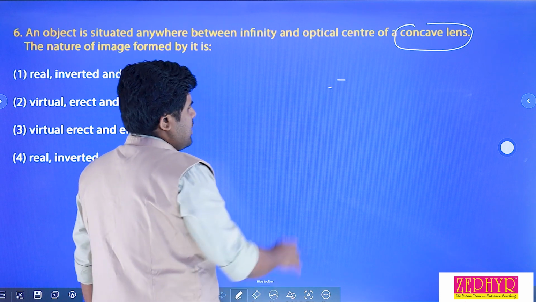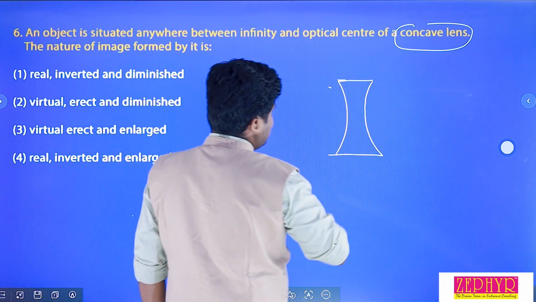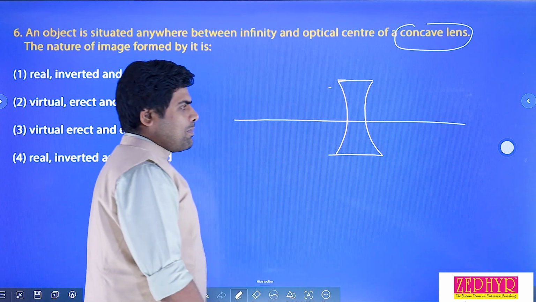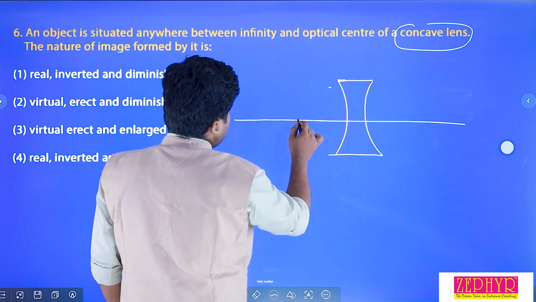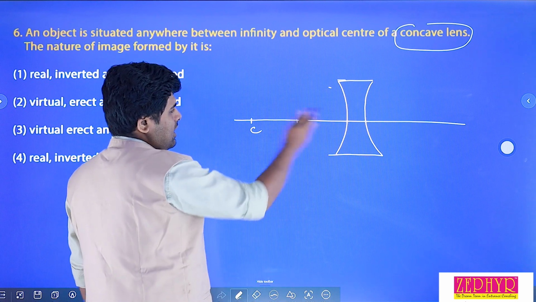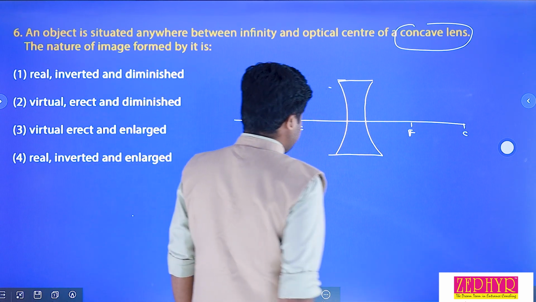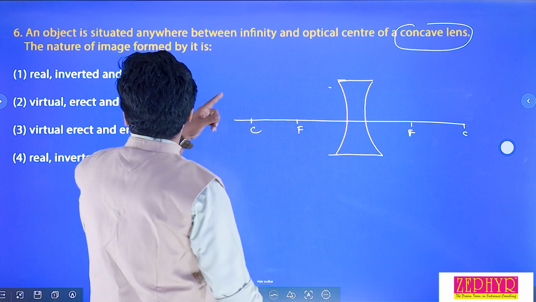See, what is a concave lens? This one is a concave lens. Now this one is the principal axis. Now just consider this one is the focus and this one is the center of curvature on the left hand side, and here on the other side are the focus and center of curvature. Now where is the position of the object?